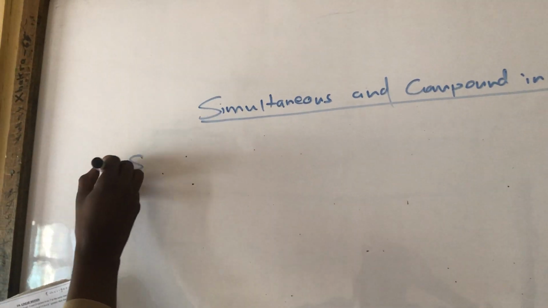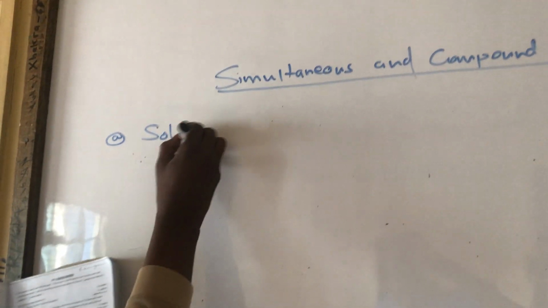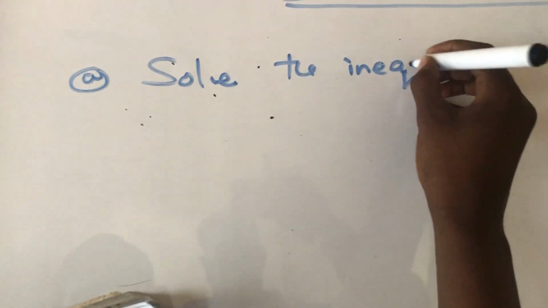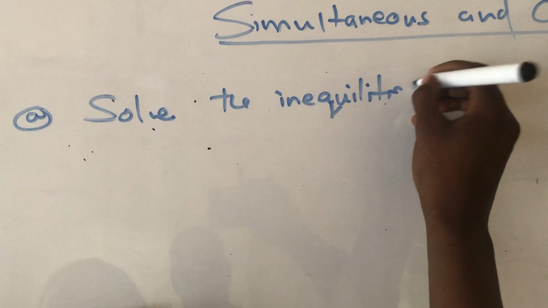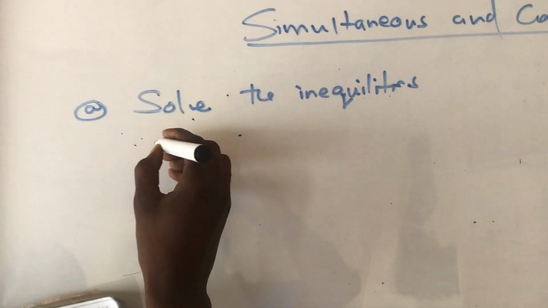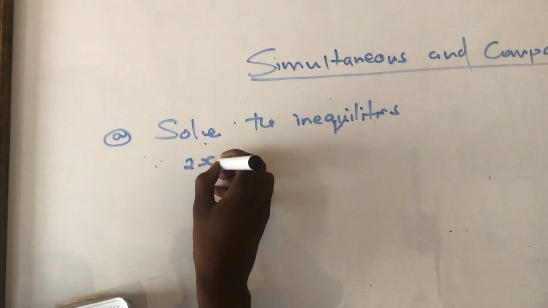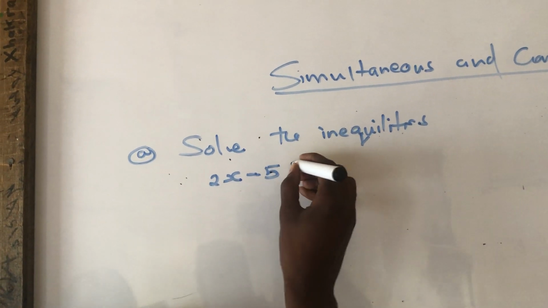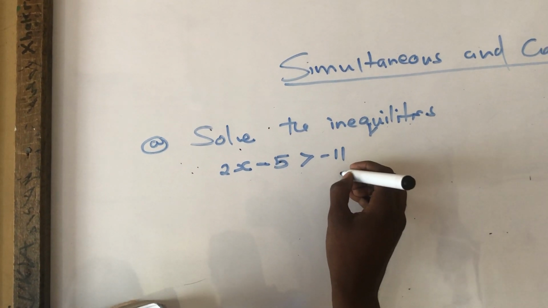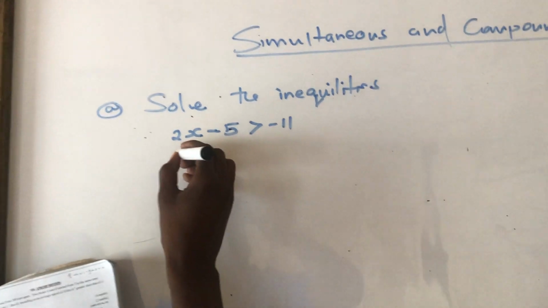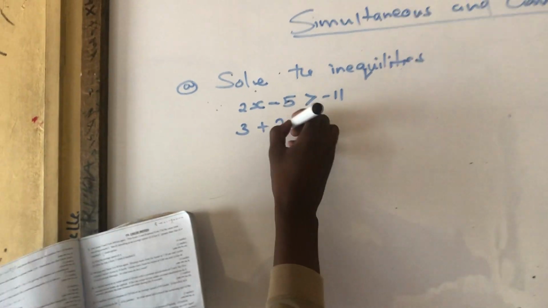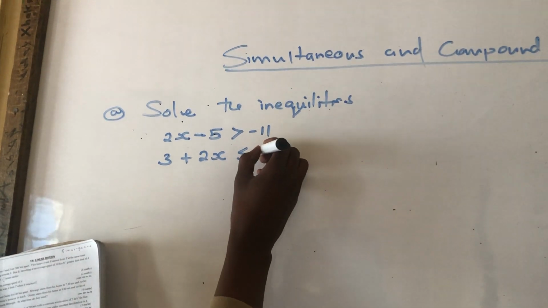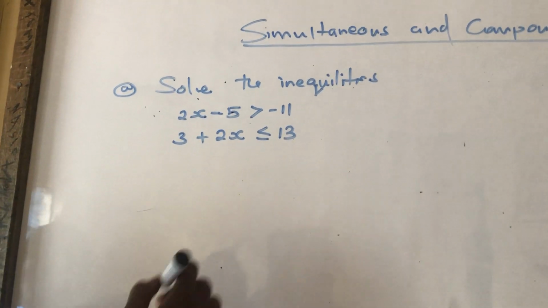Let me take you through one example of simultaneous inequalities. You are asked to solve the inequalities 2x minus 5 is greater than negative 11, and 3 plus 2x is less than or equal to 13.